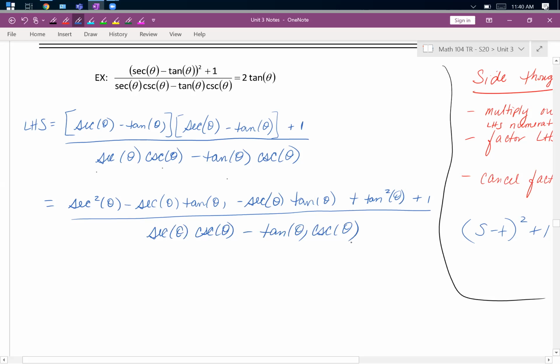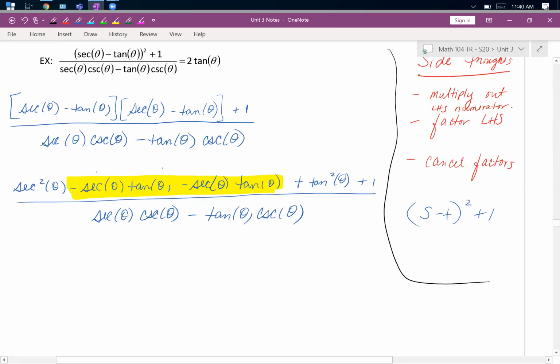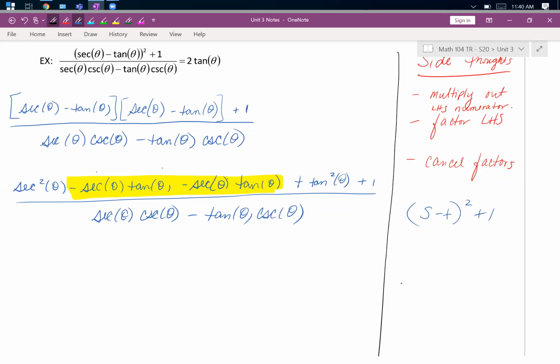Looking at this numerator, I see that we have like terms here. I also feel like secant and tangent and 1, that's got to be some kind of Pythagorean identity, right? Let's see. Remember what they all are. Start with the one I know. I'm going to divide everything by cosine squared.